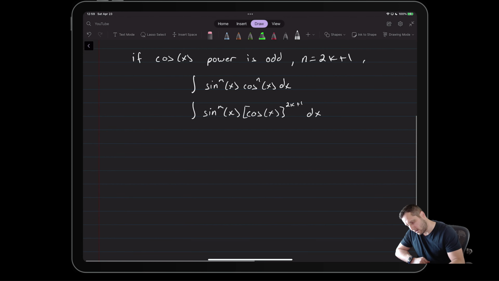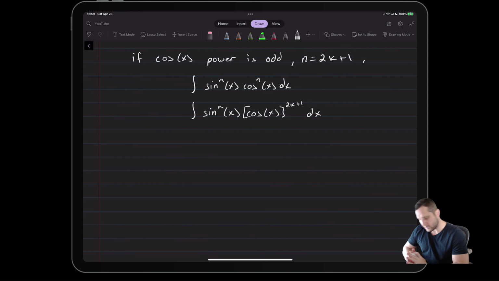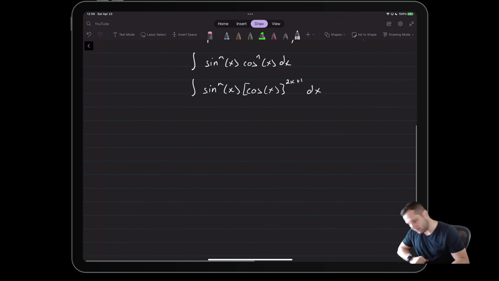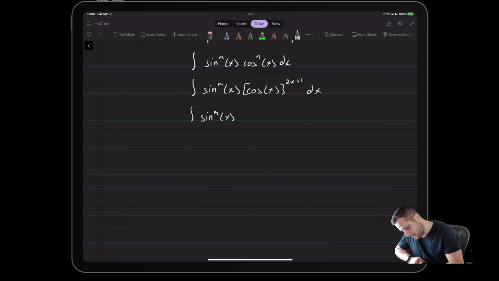You want to save one factor of cosine, because when you add exponents, it's because you're multiplying their bases. So this becomes sine m x cosine x to the 2k times cosine x to the 1 power dx.